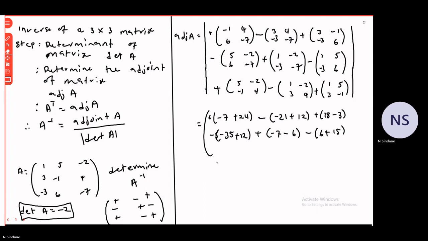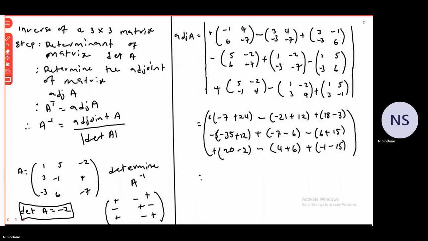Then last column with 20, which is positive 20, minus 2. Then minus into 4 plus 6. And then plus into negative 1, negative 15.